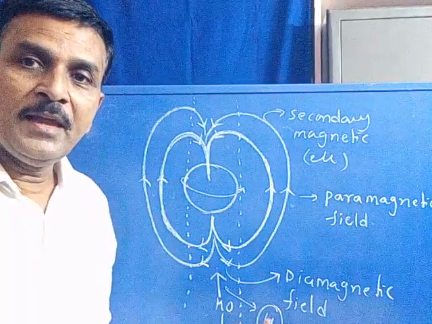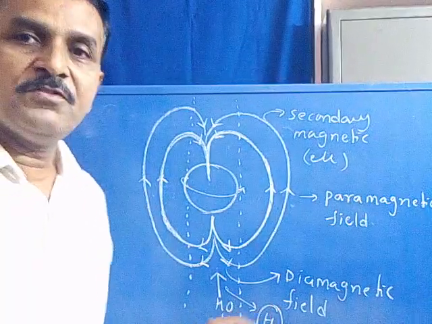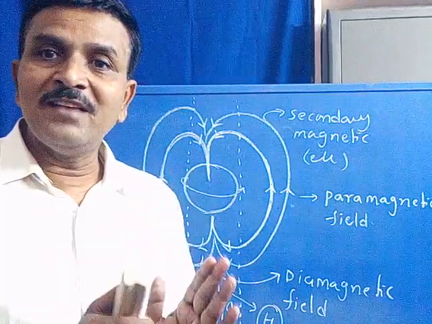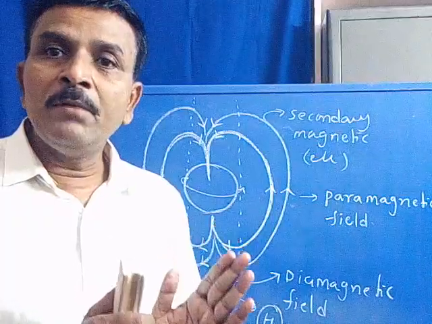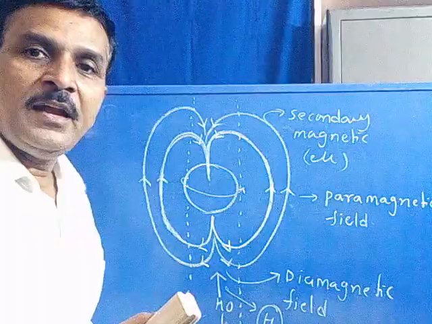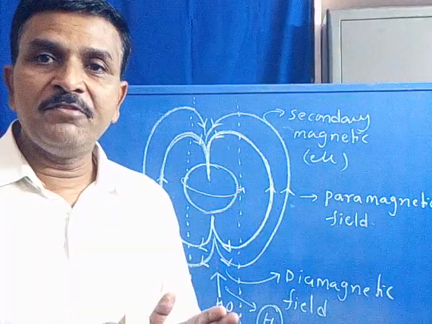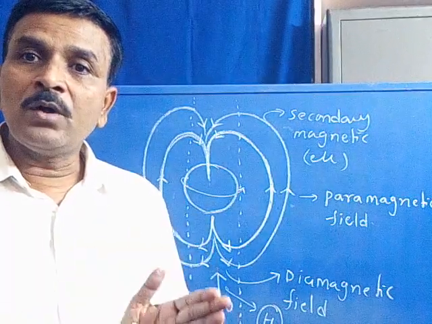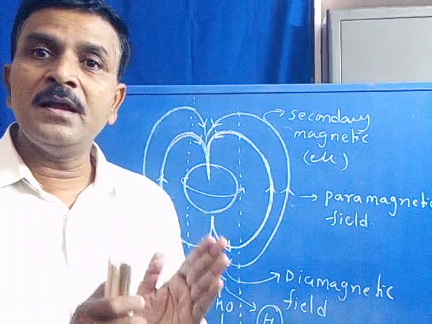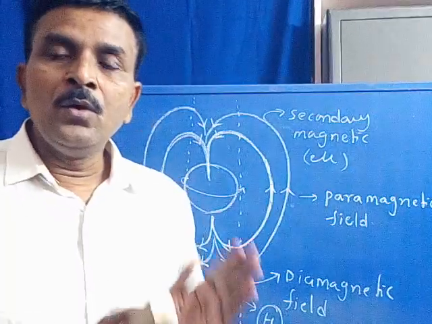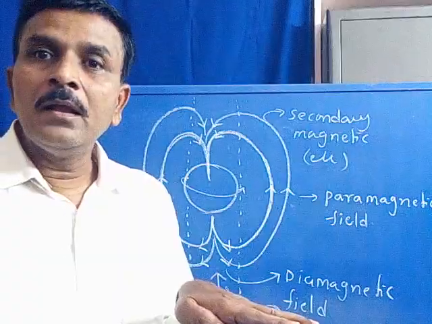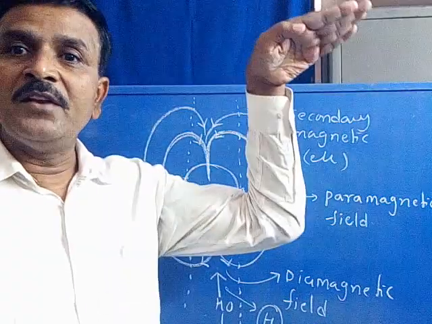If protons are situated in the diamagnetic zone, where there is a maximum opposing effect between the secondary magnetic field and the external magnetic field, then the degenerate energy state of those protons is split into energy levels by a larger difference, like this.